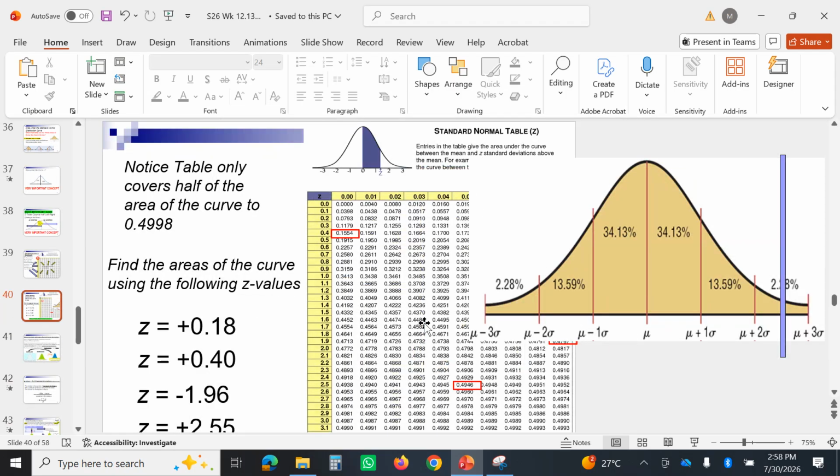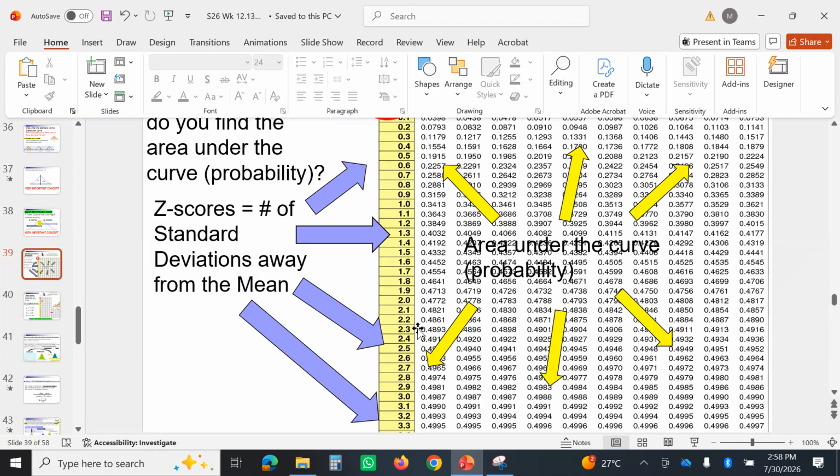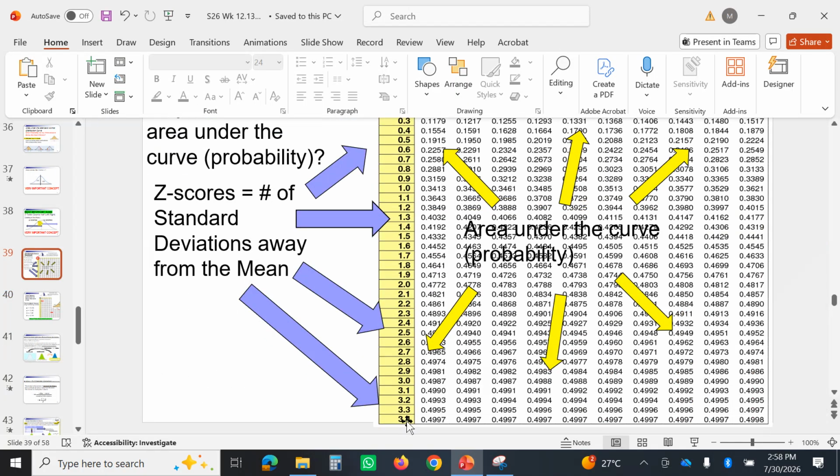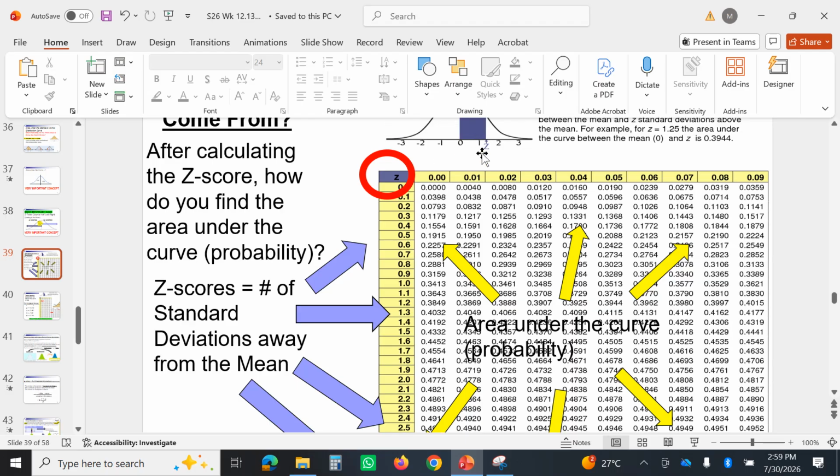You're never going to have a Z-score bigger than 3.4, okay? Just the way it goes. Why? Because these are standard deviations, right? And look, 1 standard deviation, 2 standard deviations, 3 standard deviations. There's Shaquille O'Neal's shoe size out here, 3.4.